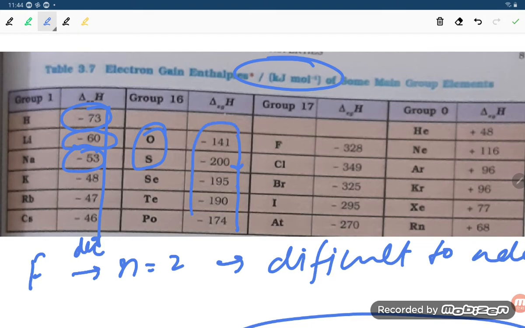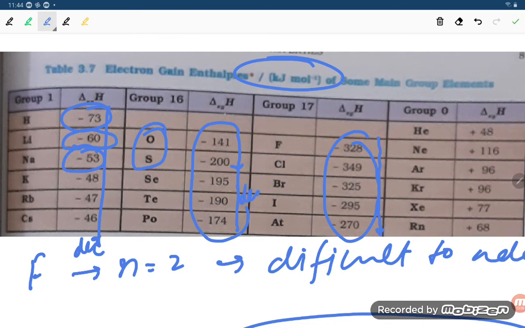If you talk about group 16 and group 17 elements, going down the group, the values decrease: 200, 195, 190.